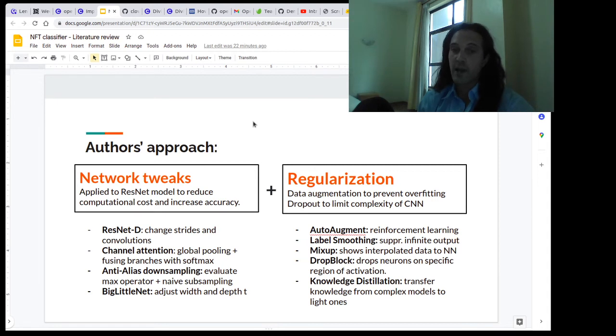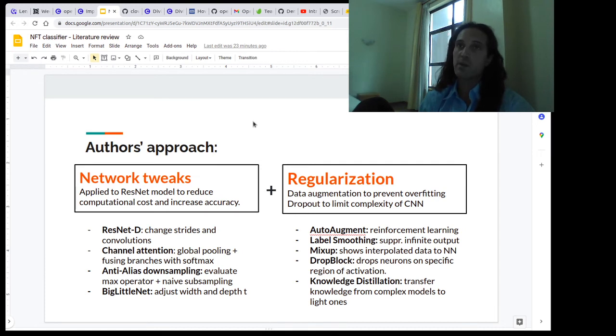In terms of regularization, they used auto-augment as a reinforcement model for data augmentation, label smoothing, which suppresses the infinite output bias, mix-up, which shows interpolated data to a neural network to avoid overfitting, and drop block, which drops neurons on a specific region of activation.